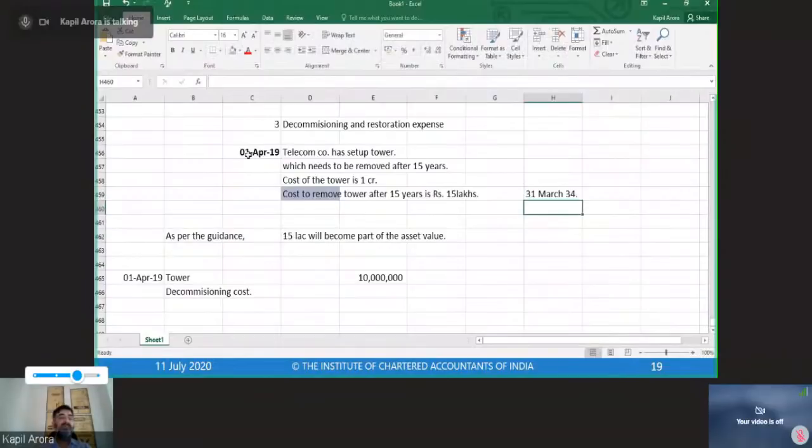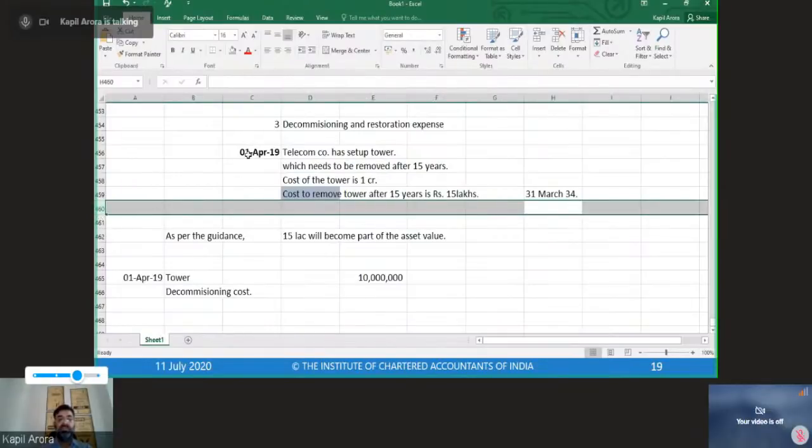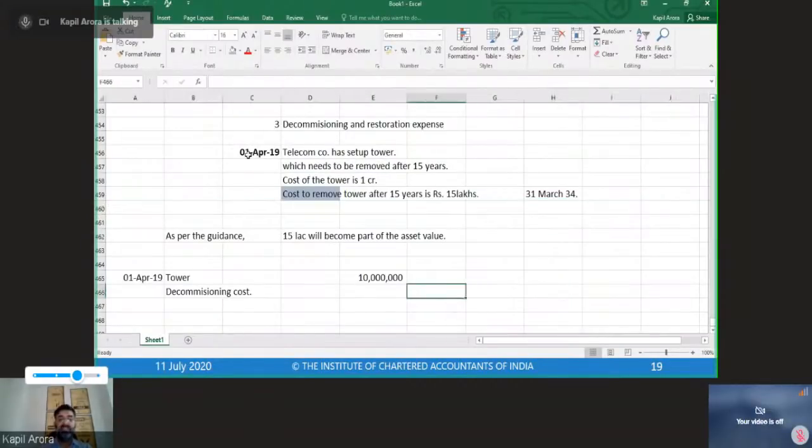The payment is going to go after 15 years, whereas we are talking about today's value, which needs to be added to the value of asset. So this decommissioning cost would be the present value of 15 lakhs for 15 years.